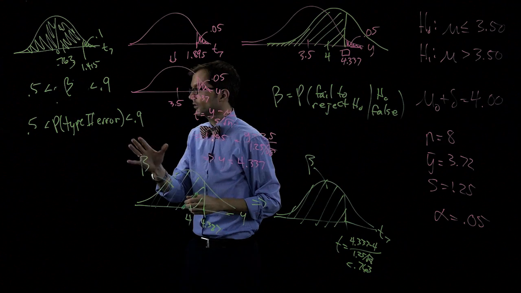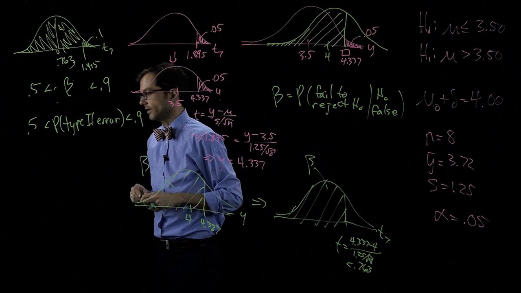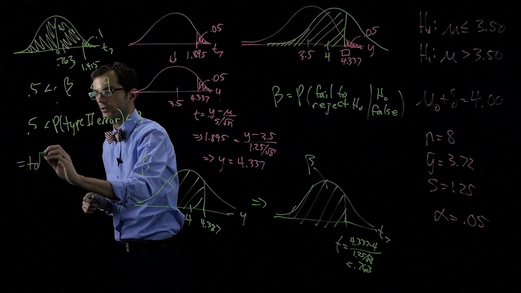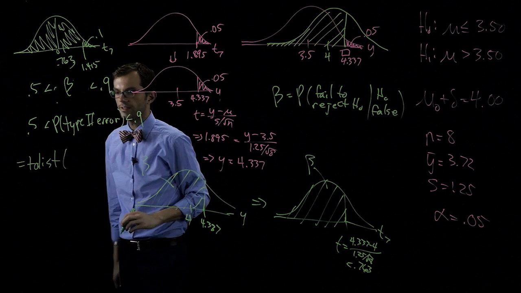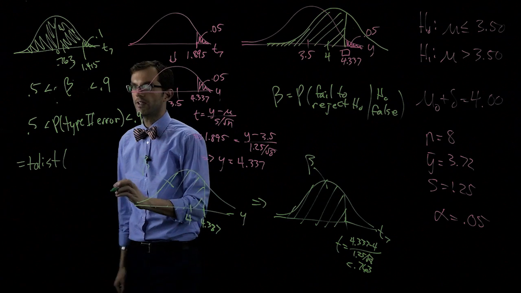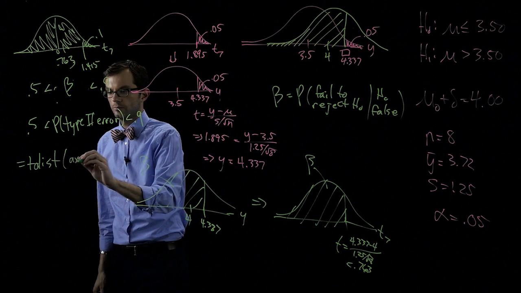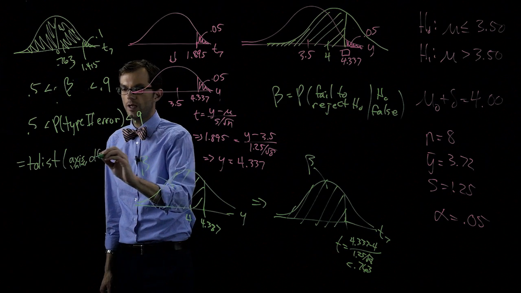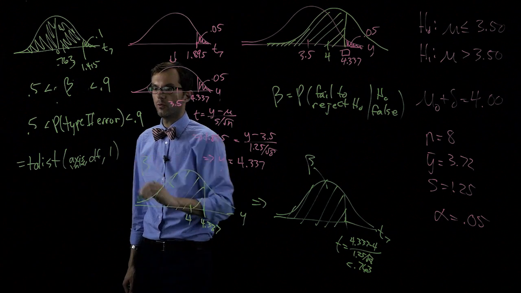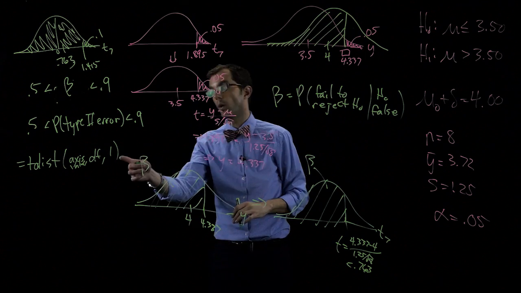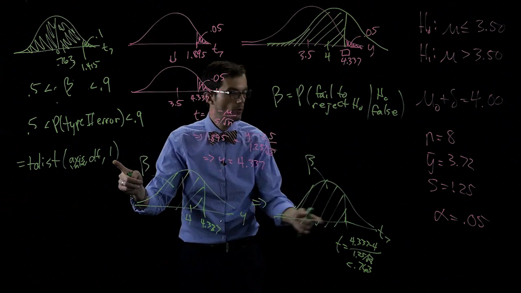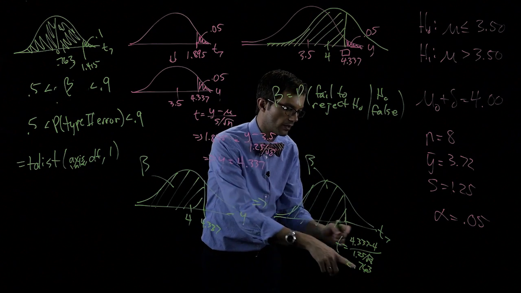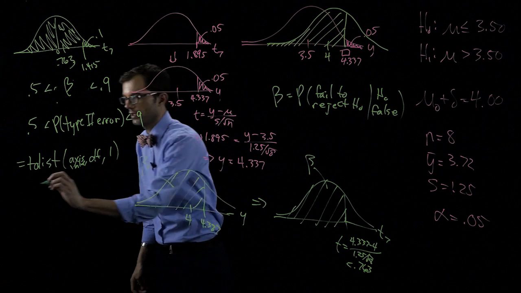We could also use Excel to find this. We use the t-dist function. Remember that the t-dist function wants a value on the axis, a degrees of freedom, and whether the test is a one-tail or a two-tail area. This is just a one-tail area, but it's going to give us the area above 0.763.